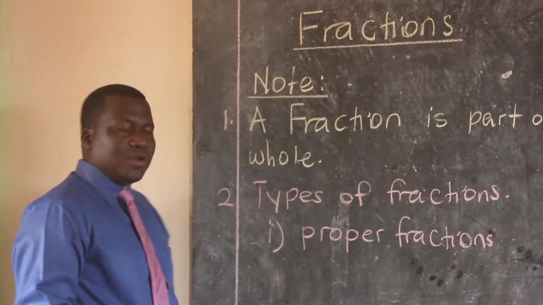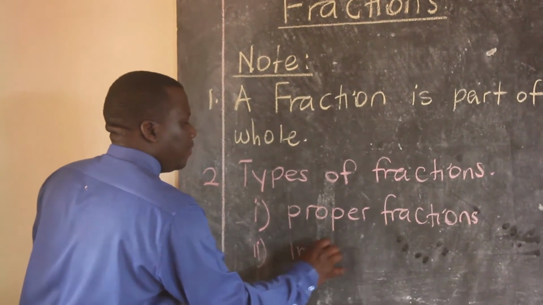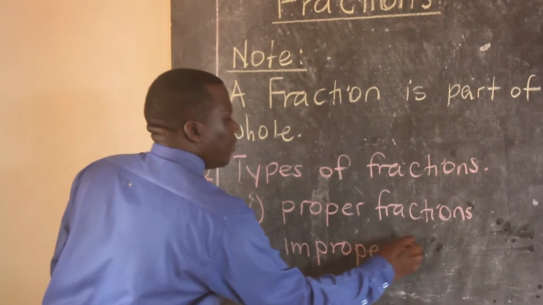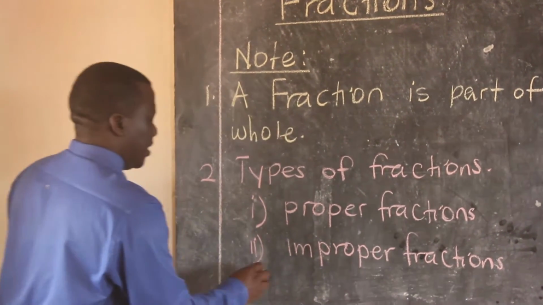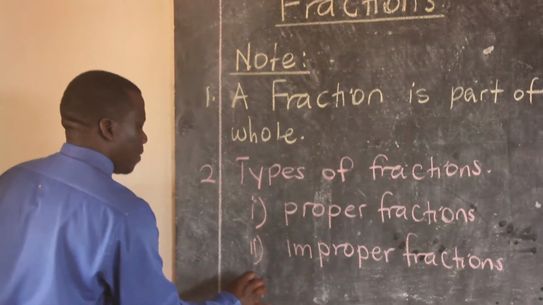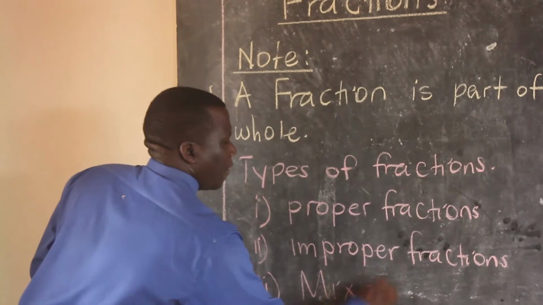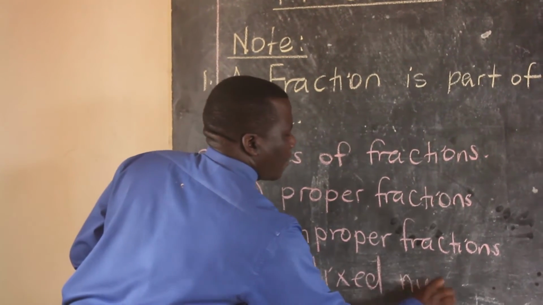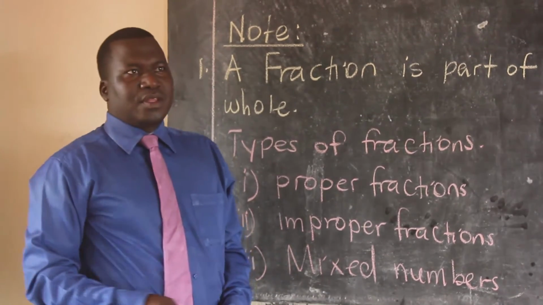Okay? We also have what we call improper fractions. And the third one is what we call mixed numbers. Why are we not calling them mixed fractions?